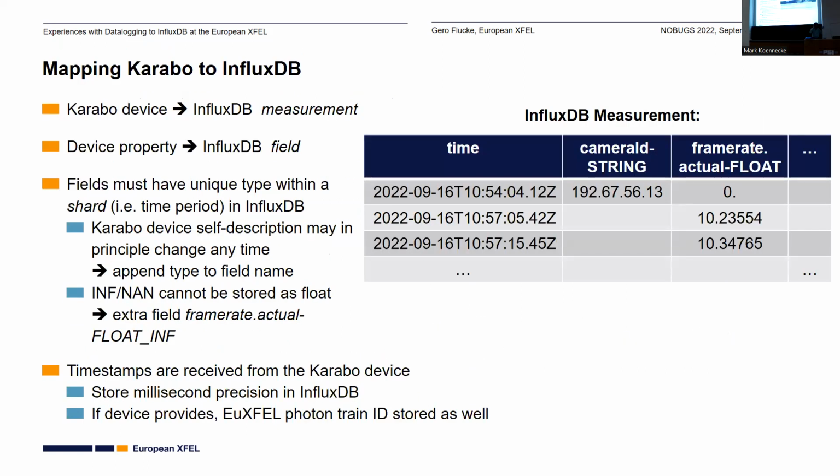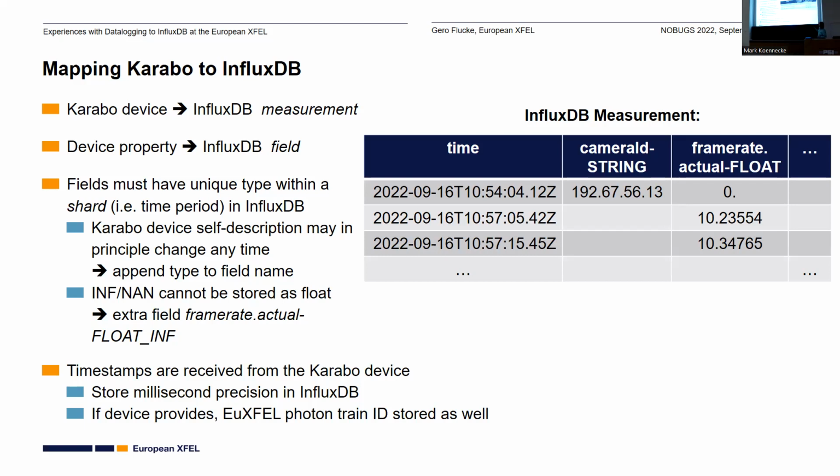How do we map data and entities from the control system to the database for the historic data? We have this device-based control system, so that fits very well. InfluxDB has a notion of a measurement, and each property of the device then maps to one field in there.